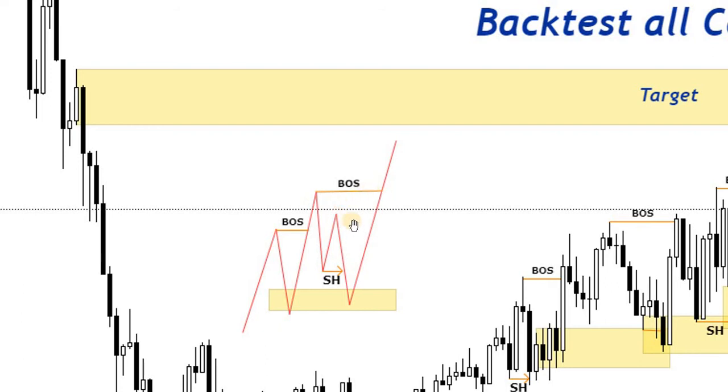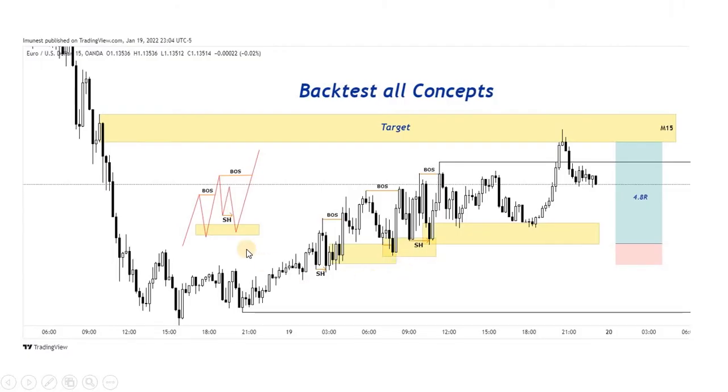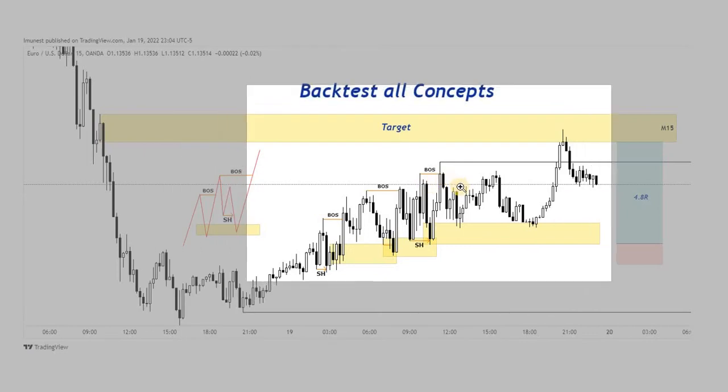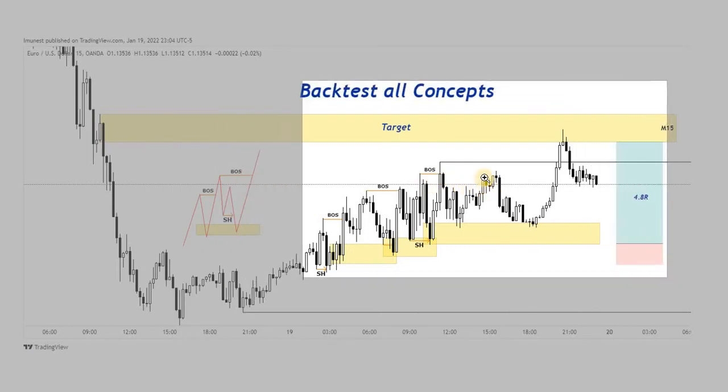That being said, we must also be aware of the fact that sometimes even this higher low can end up breaking structure, and yet price could still come and clear the liquidity that is left below. It's very, very possible.